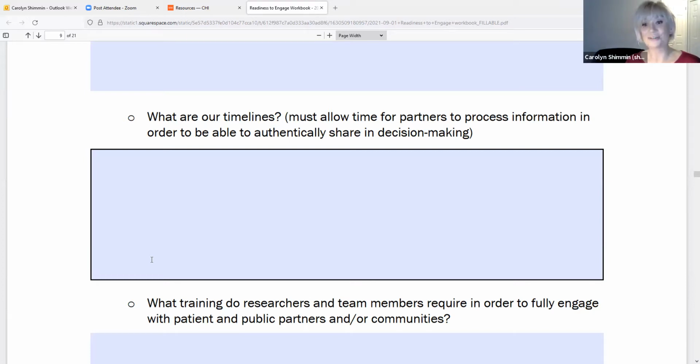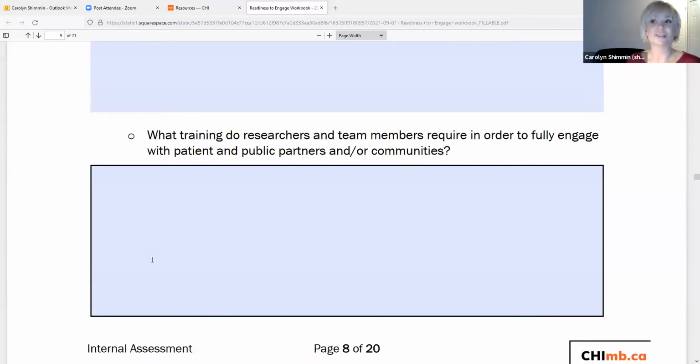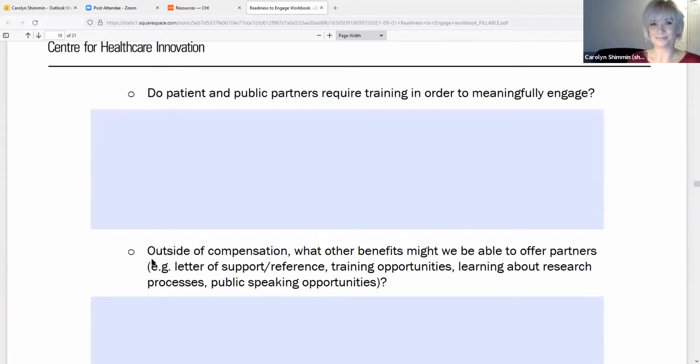What training do researchers and team members require in order to fully engage with patient and public partners and community members? I know some partners in Manitoba are taking some of the Indigenous training, anti-oppressive and anti-racism training. It's about understanding what types of training the research team might need in order to fully engage with community.